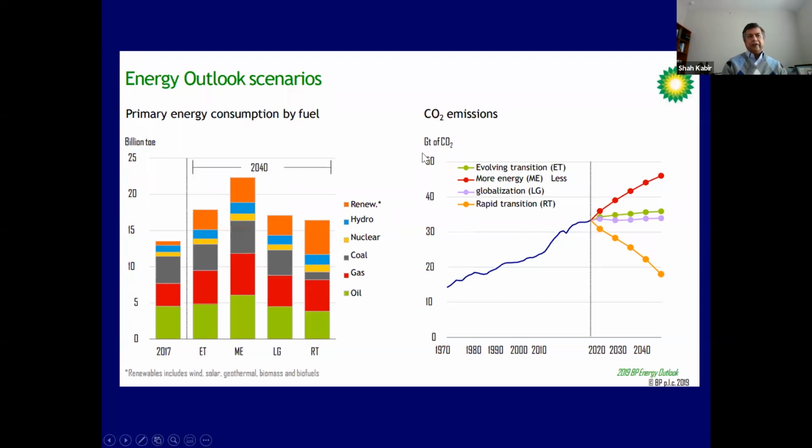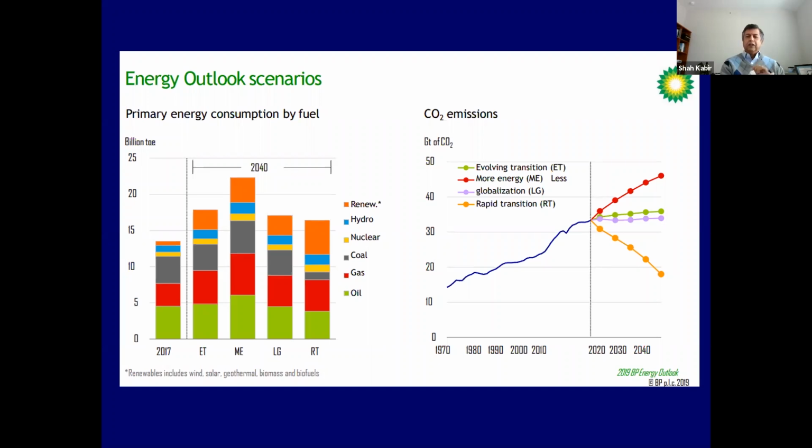So how about honoring the CO2 emission targets, the Paris Climate Change Accord and all that? As you can see, if you go through a rapid transition, then that will help. But history, if you take a lesson or two, has taught us that even if you develop a new technology, a good example would be going from the land phone to the cell phone.